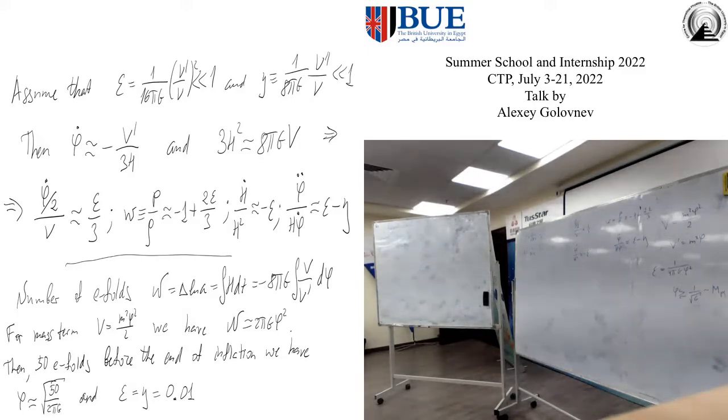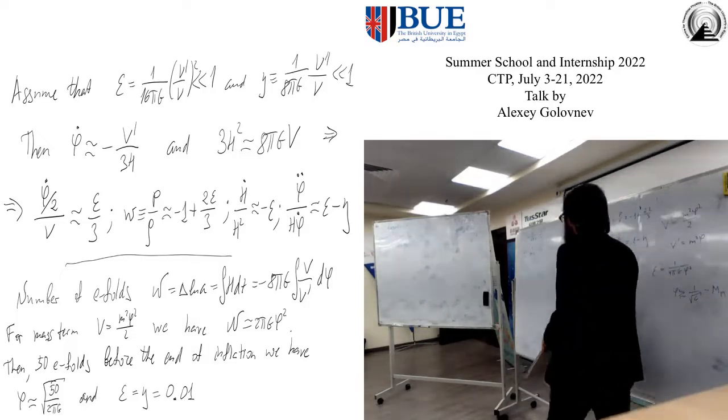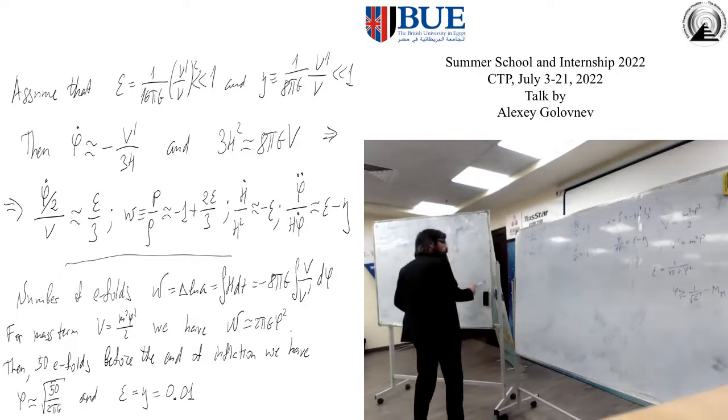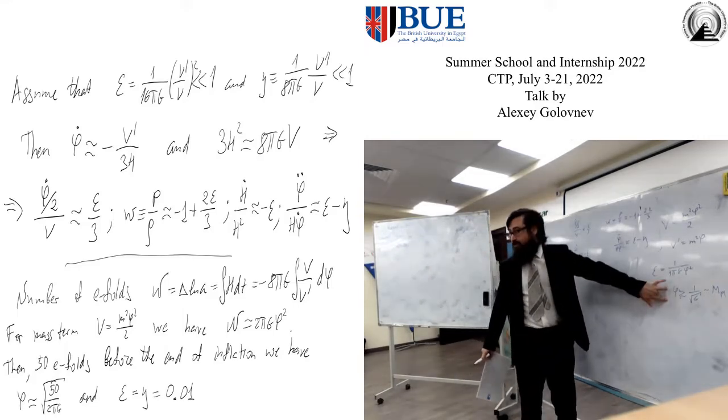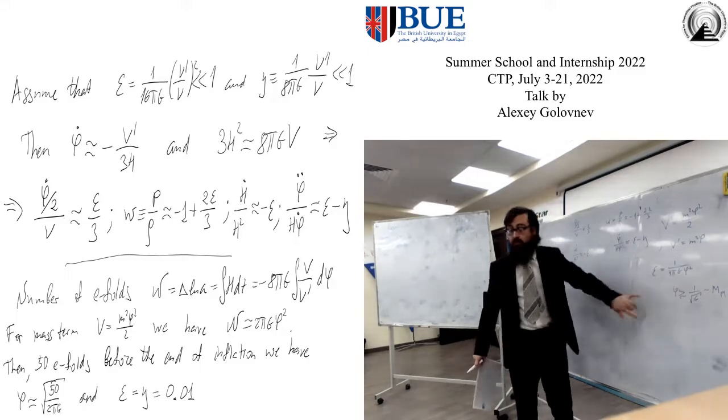So basically I have to use a scalar field larger than the Planck mass, and then it gives me the slow roll approximation. Then the question is how far away I have to start in order to have at least 50, 60 e-folds of inflation.